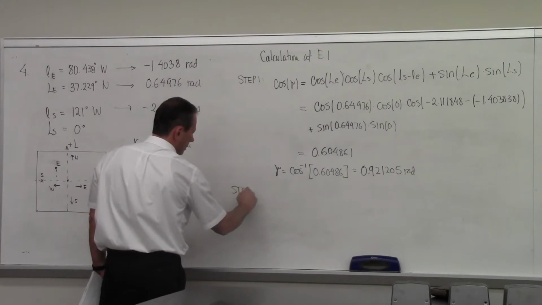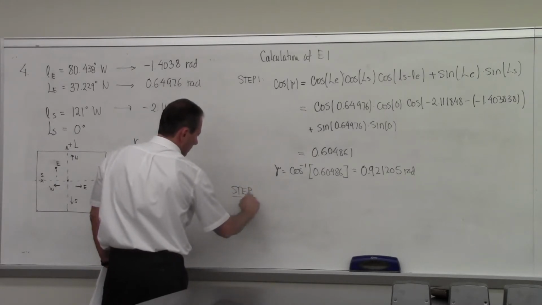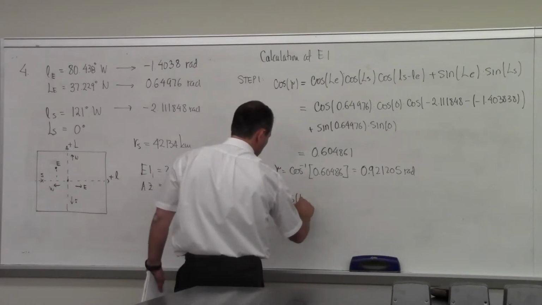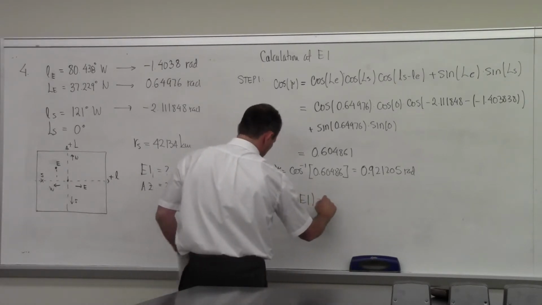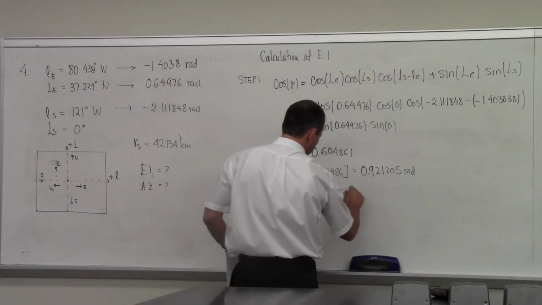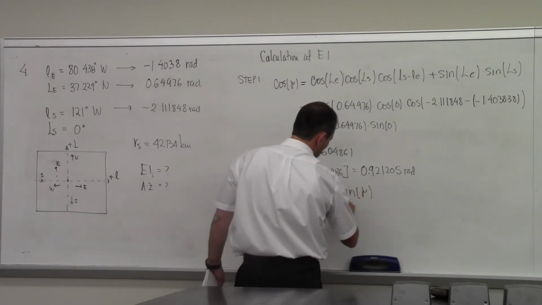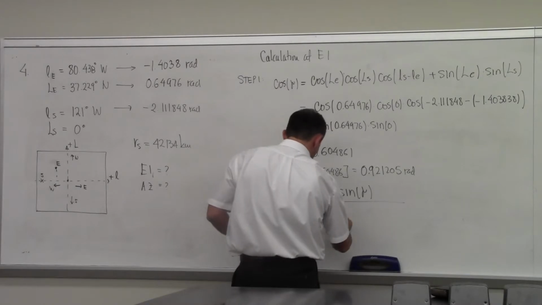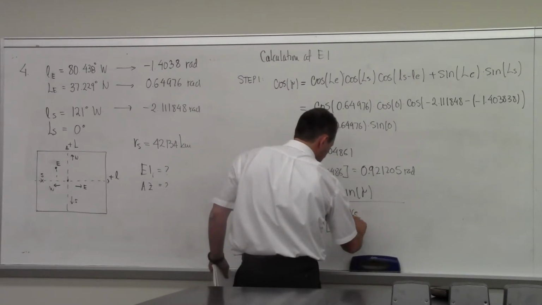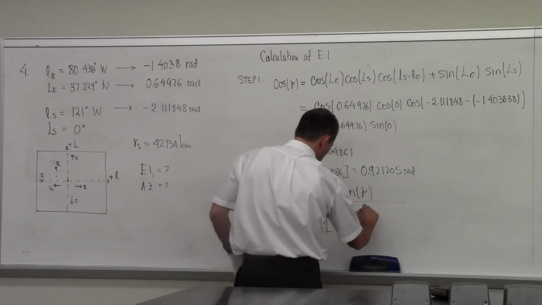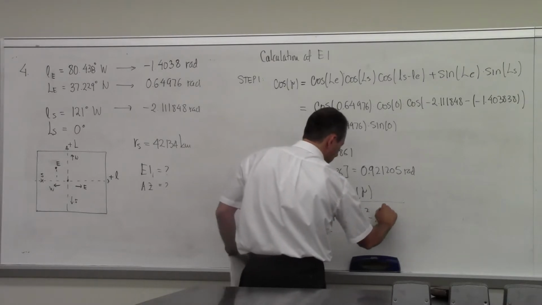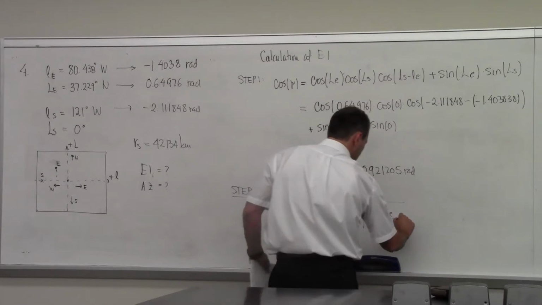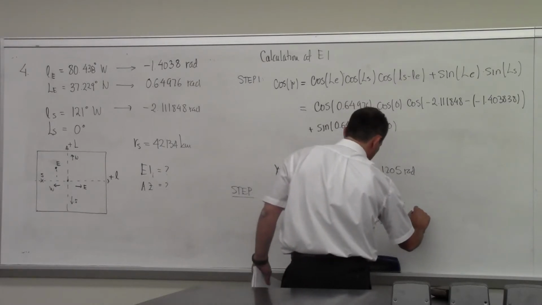Step 2, you calculate the cosine of the elevation. The cosine of the elevation is equal to sine of gamma divided by the square root of 1 plus the radius of the Earth divided by the radius of the satellite, squared, minus 2 times the radius of the Earth over the radius of the satellite, times cosine of gamma.